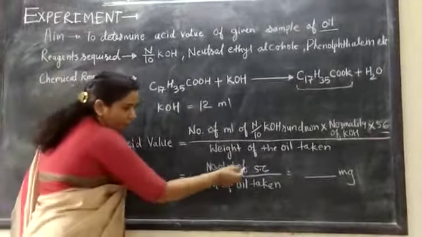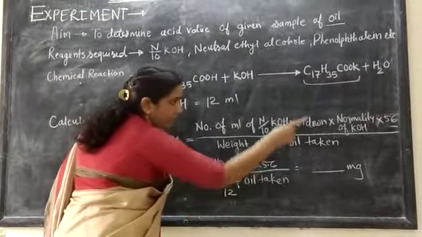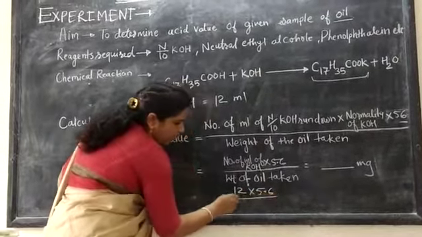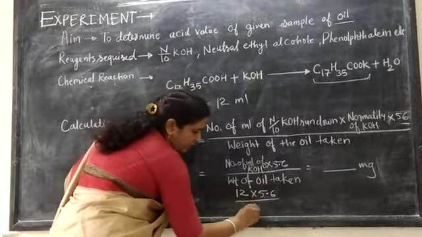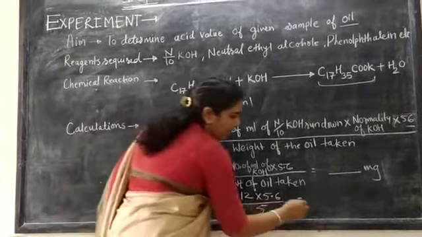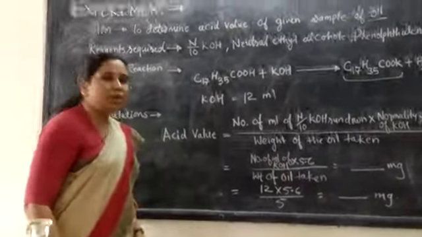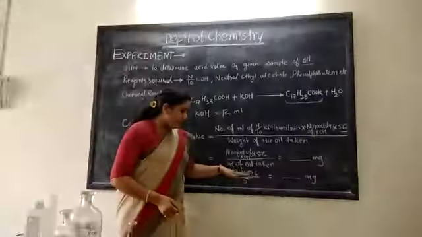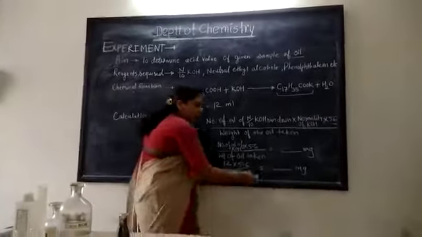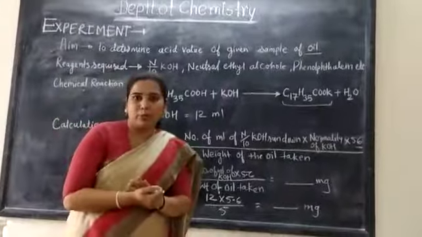So number of ml of KOH is 12, into 5.6, divided by weight of oil taken, that is 5 gram. So those calculations will come here, in milligram per gram of oil. In this way you can easily calculate 12 into 5.6 divided by 5, and that value, in milligram per gram of oil, is nothing but the acid value.